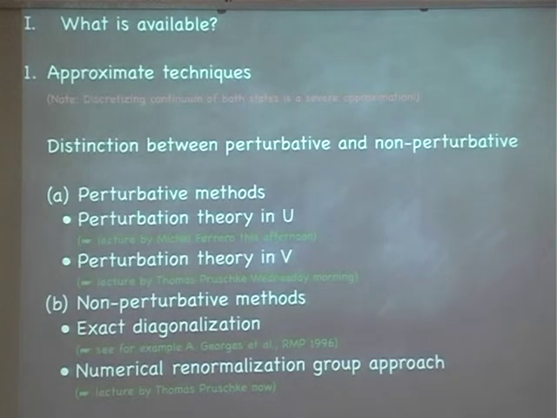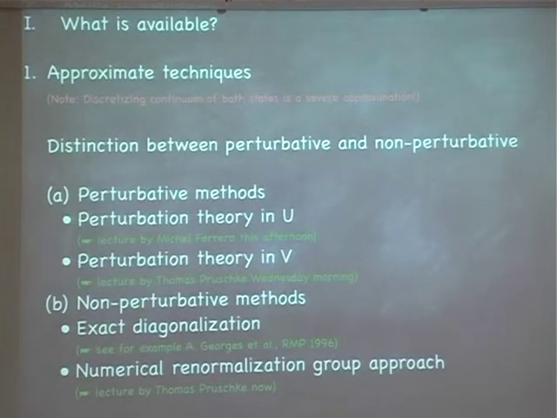Then there's a distinction between perturbative and non-perturbative approaches. The perturbative ones are perturbation theory in U. This will be a lecture by Michel this afternoon. There's a perturbation theory in V. This will be a lecture by some guy on Thursday morning. There are non-perturbative methods, again approximate.